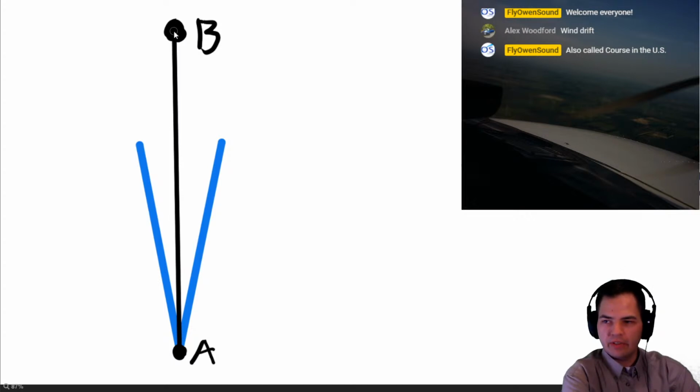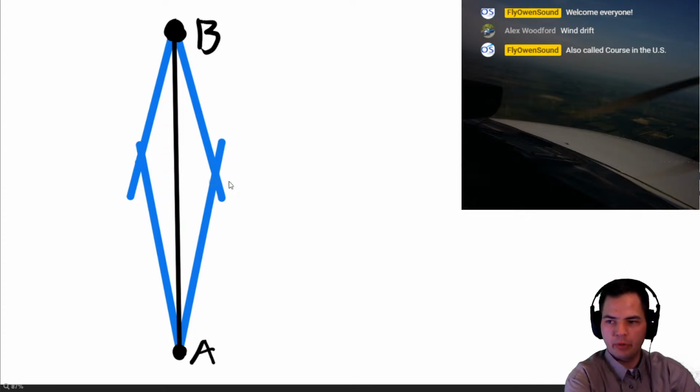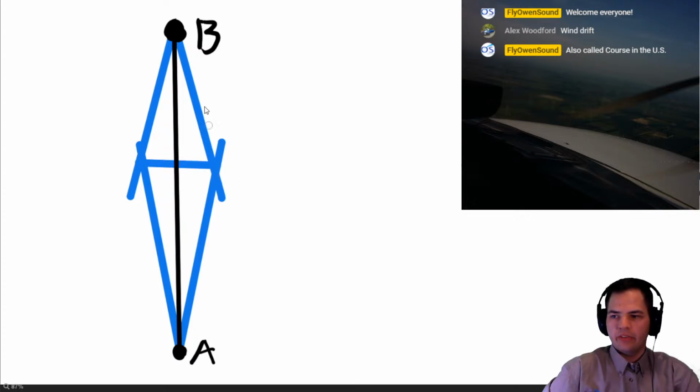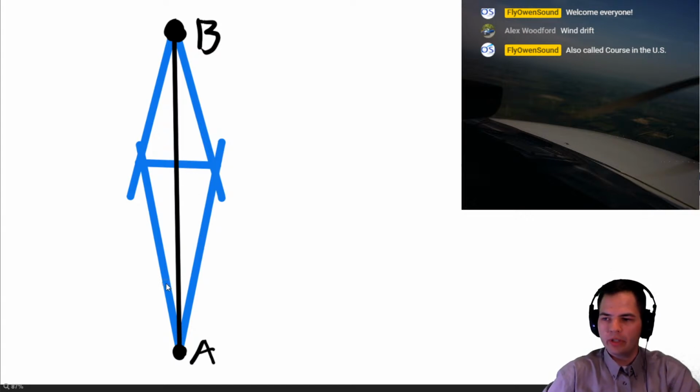And then you would look at point B, and draw 10-degree lines out like this as well, and they're going to intersect somewhere near the middle point on your route, and that way you can guesstimate what these opening and closing angles are going to be.